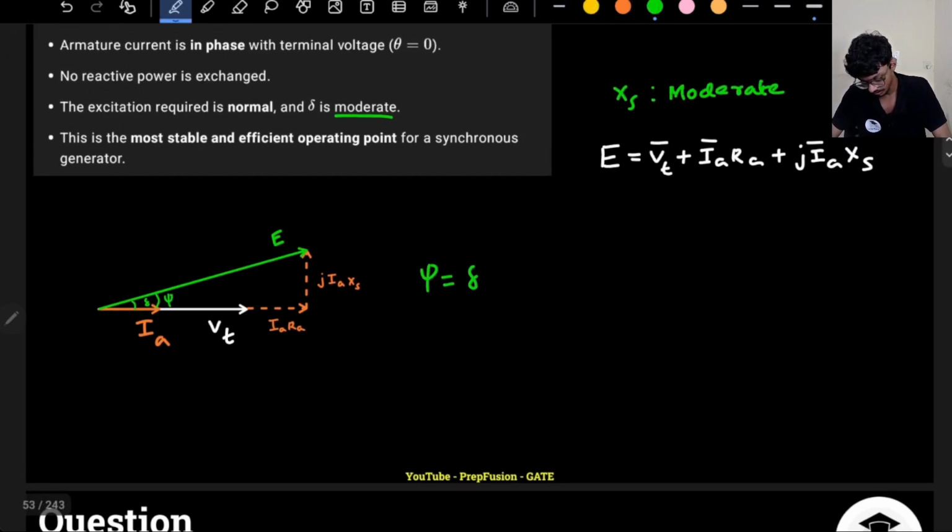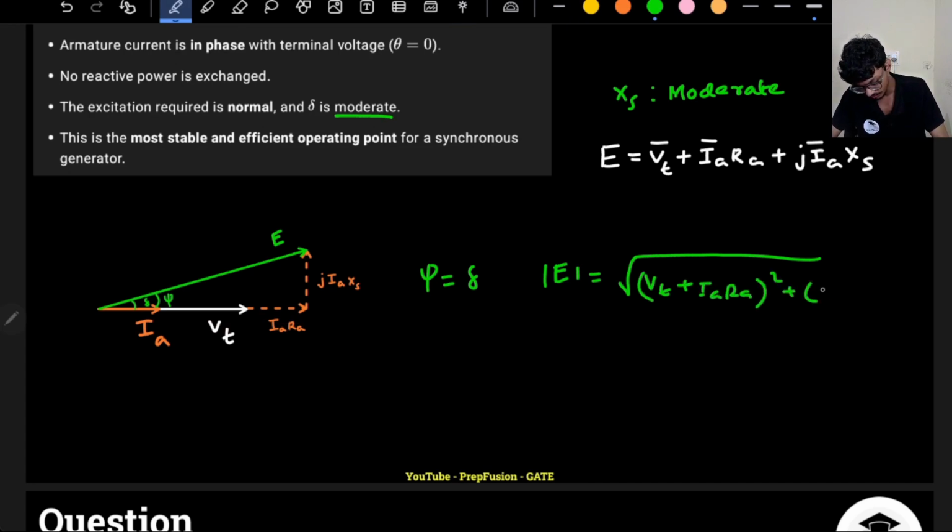Okay, so again, it is very simple now, very simple to understand. What will be E? Magnitude of E will be under root of this thing, (Vt + IaRa). There is no cos theta because theta itself is 0. So Vt cos theta is simply Vt, as theta equals 0. (Vt + IaRa) whole square plus... Vt is not there, there is no perpendicular component of Vt, only Ia Xs.